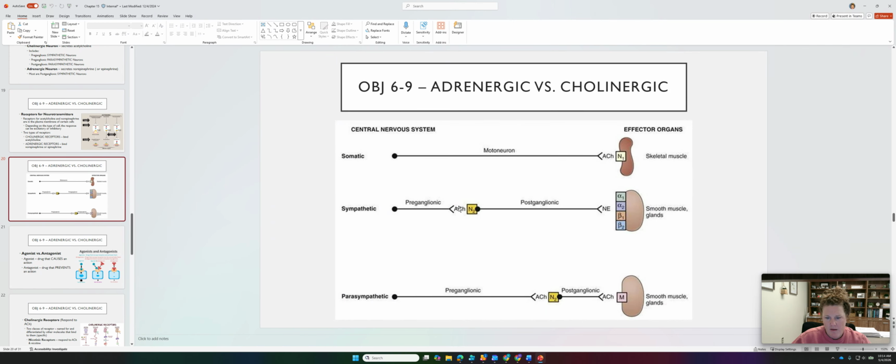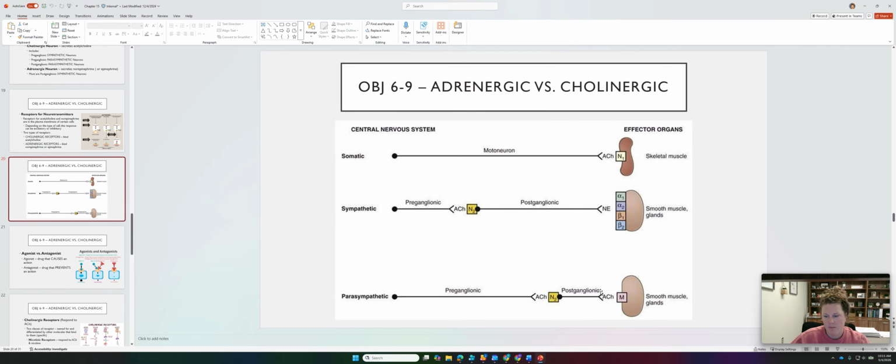And then if you look at the neurotransmitters, both of your preganglionic release acetylcholine, which means they're cholinergic. They both bind to nicotinic receptors, which means they're going to be ligand-gated ion channels, which means sodium's going to go in. And then in your postganglionic, we can see that there's a difference here.